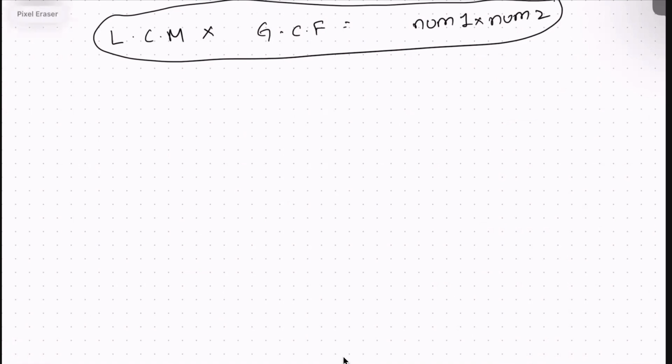So let's do a recap of everything we discussed in this class. We started with the understanding of factors and multiples, and then we went on to understand the prime factors and prime factorization.